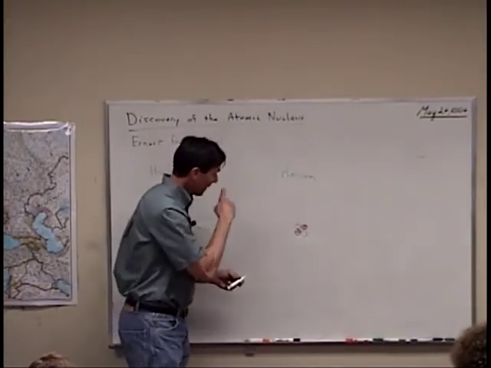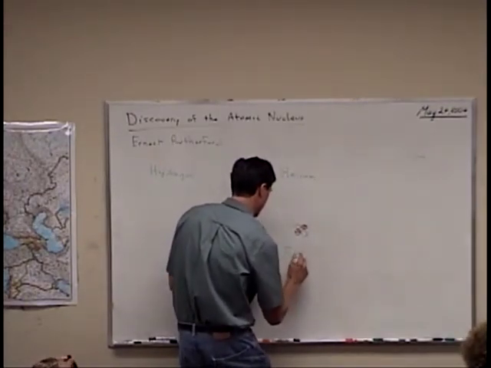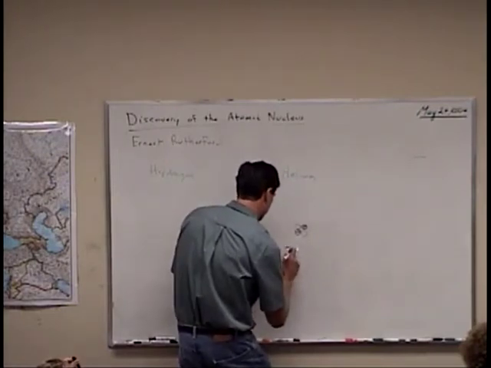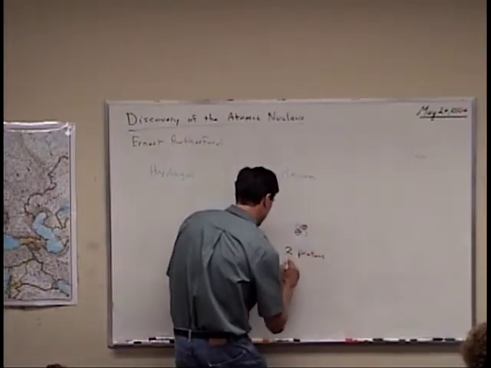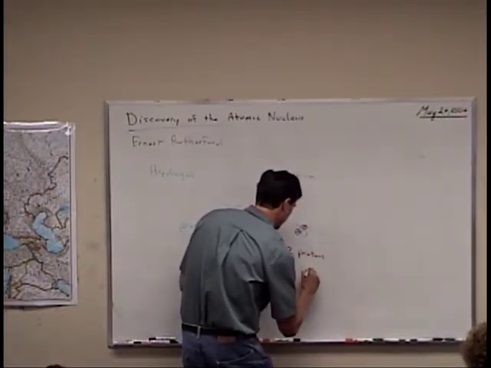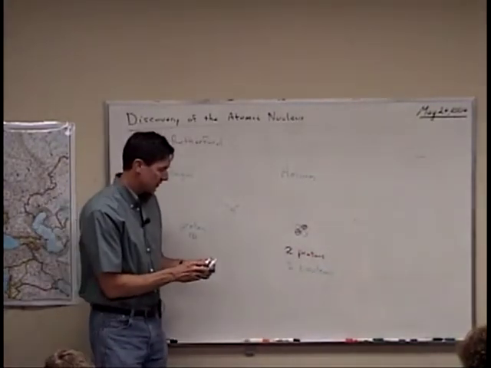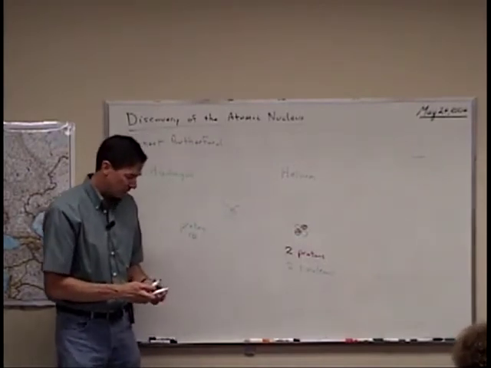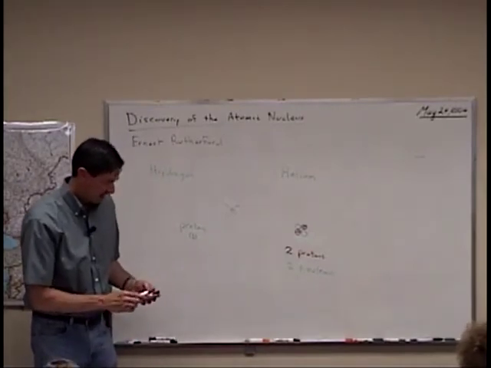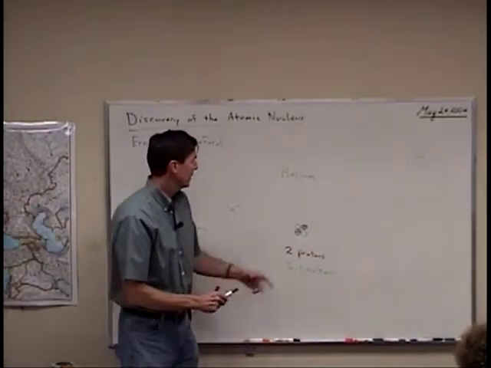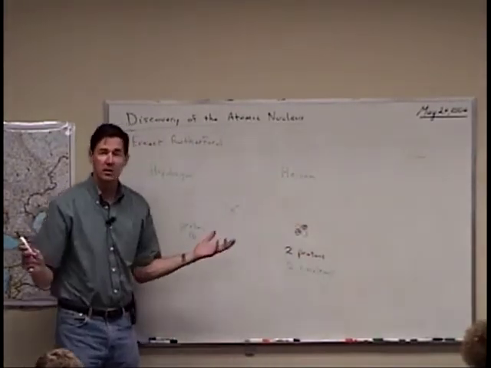So two protons and 2 neutrons make up that helium nucleus, or what Rutherford originally called alpha particles. And then, of course, there's a couple of electrons in a helium atom. There's a couple of electrons out here orbiting around to make the whole thing neutral.